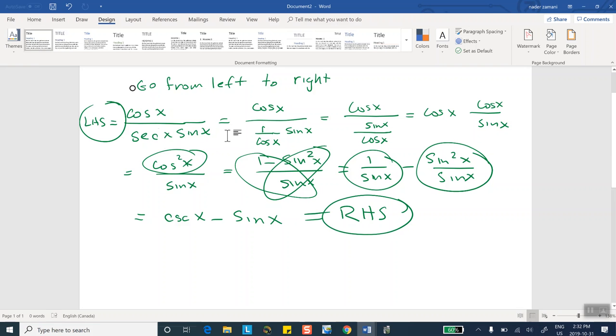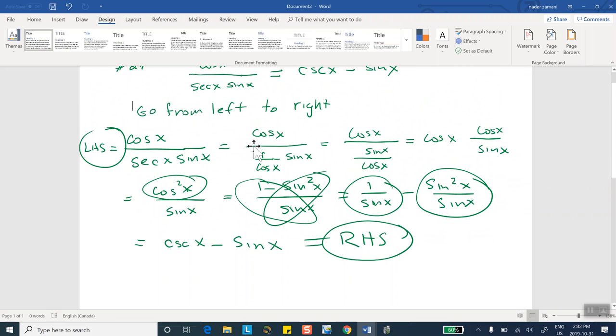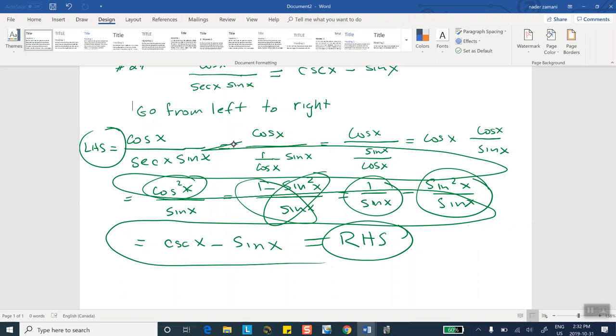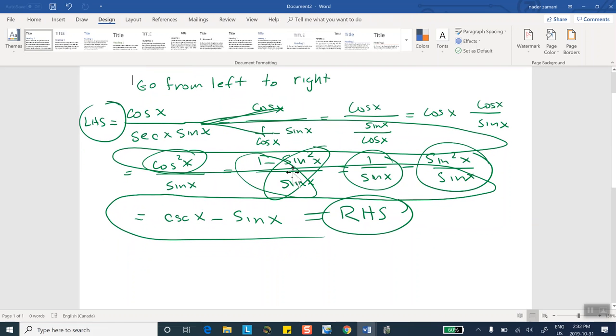Let me try to do it the other way around. Now the other way around, think about it. You have to take exactly the same steps, except that you work your way this way, go that way, which is not as obvious as it should be. Look, Control Z, let me get rid of this stuff.